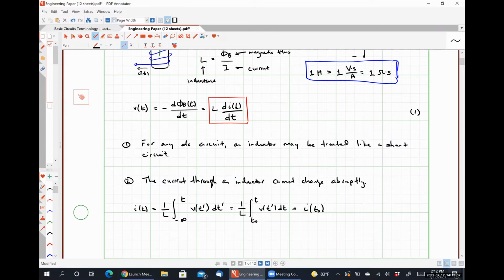So just like capacitors, inductors also have memory in as much as the current flowing through an inductor depends on past values of that same current.